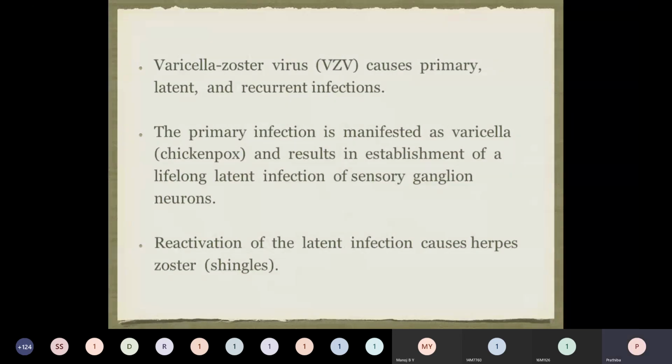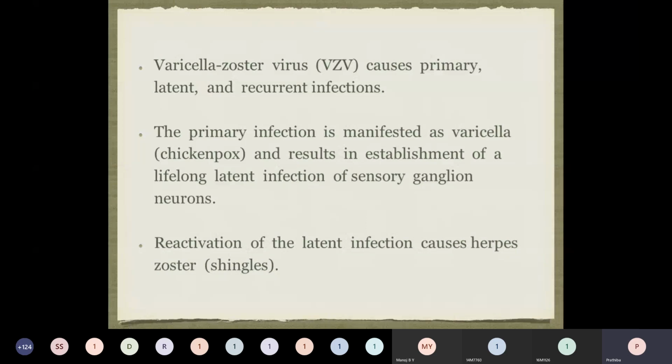The varicella zoster virus mainly causes primary, latent and recurrent infections. The primary infection is manifested as varicella, that is chickenpox, and it results in the establishment of lifelong latent infection, mainly in the dorsal root ganglion.